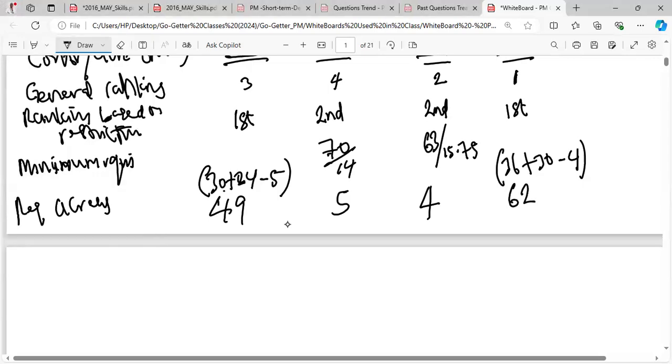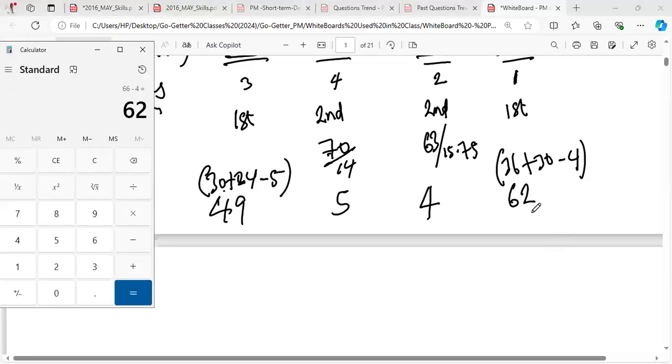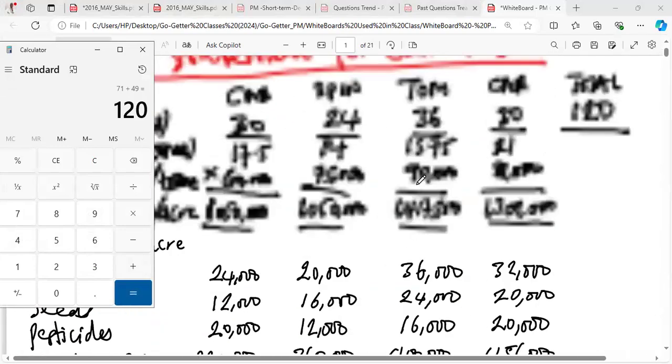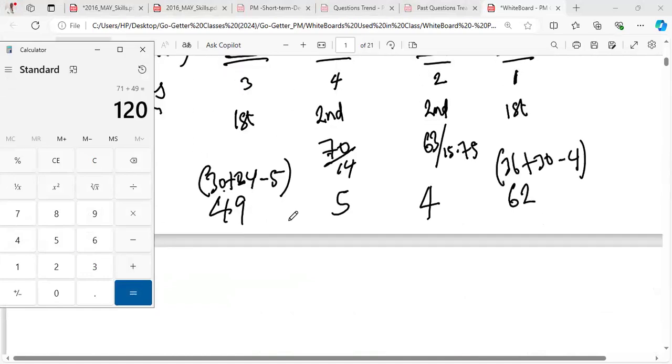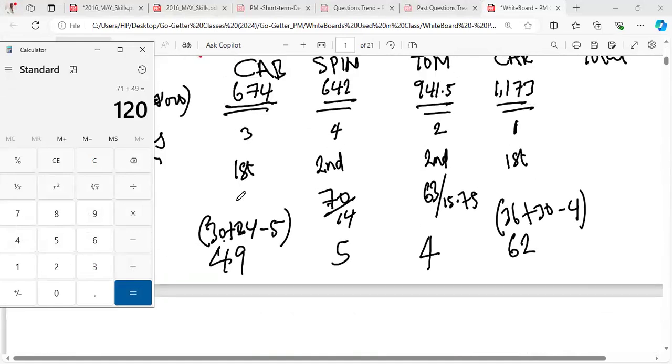In that way, you are utilizing the whole area. Now let's add up: 62 plus 4 plus 5 plus 49. That gives us our 120, which we had here. So we are utilizing the whole 120, giving 49 to cabbage, 5 to spinach, 4 to tomatoes, 62 to carrots.